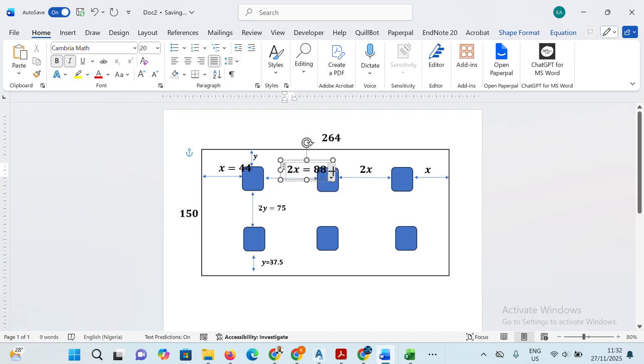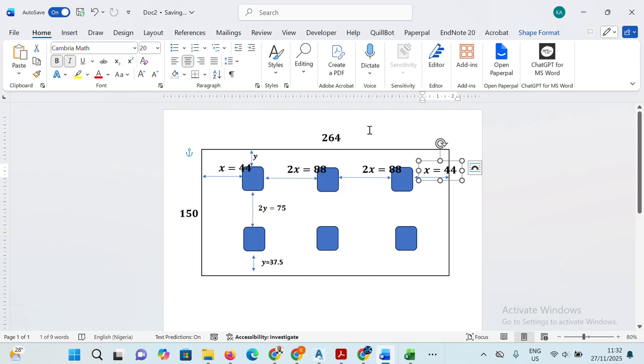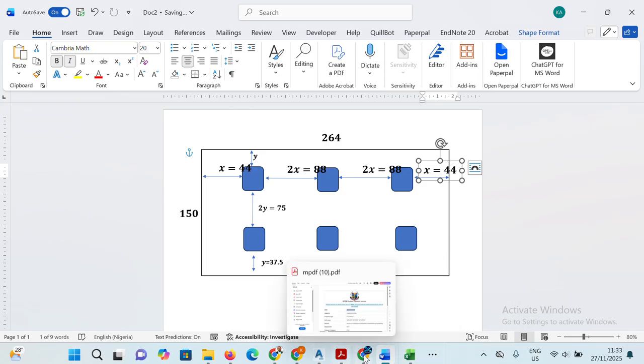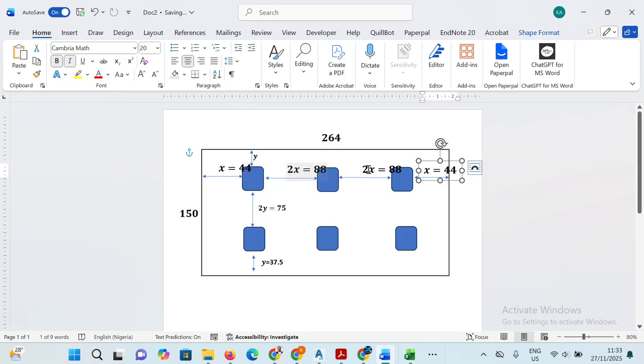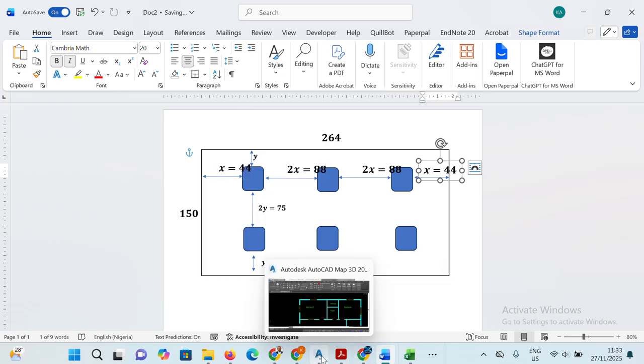Then we have another 88 inches, then another 44 inches. These will be the distances to be selected while placing the devices. We are going to cross the lines along these inches, so we can select these horizontal lines. We'll go back to the drawing at 44, 88, 88, 44 from the inner part of the design.